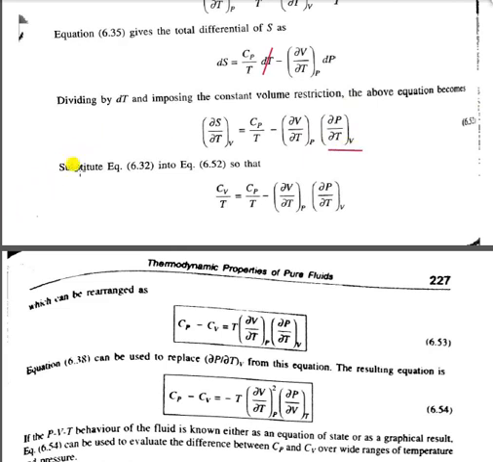So substituting the equation 6.32, which is the relation of the pressure, put into the 6.52.